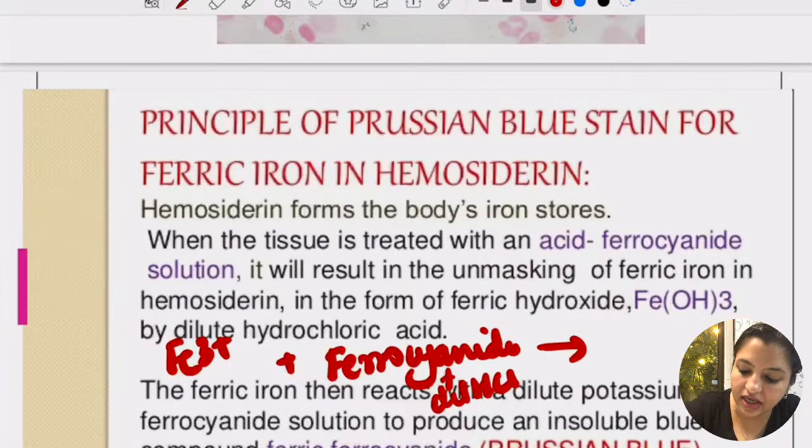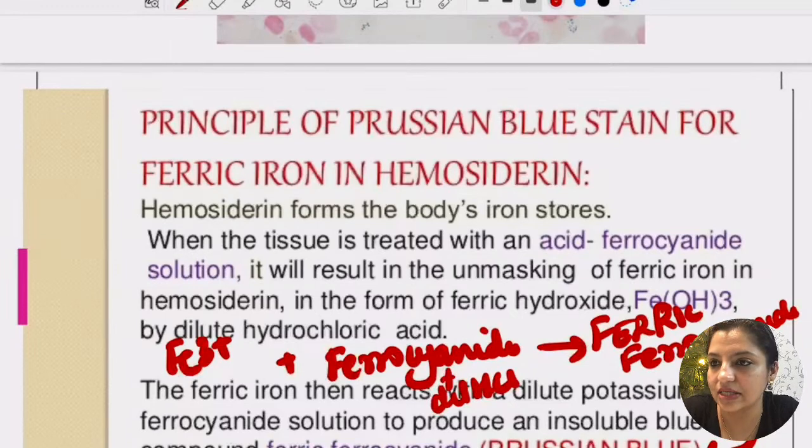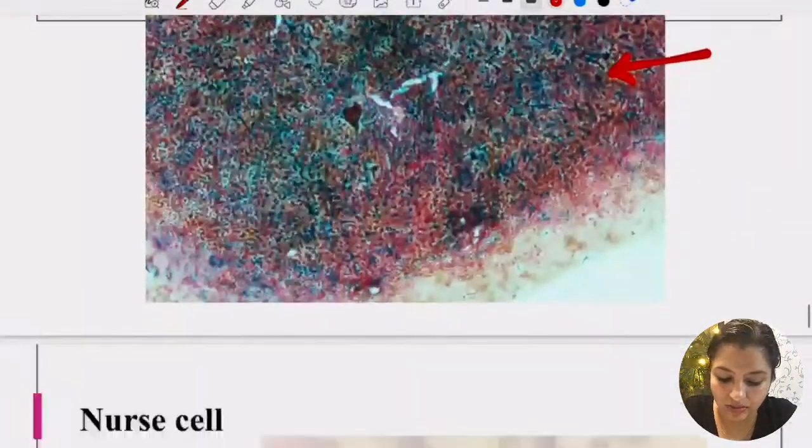This ferric ion combines with ferrocyanide to form ferric ferrocyanide, which gives you blue color, and this is the principle of Pearl stain. So this ferric ferrocyanide which is formed is actually your Pearl stain. It gives you the Prussian blue color. That is what you all have to remember.